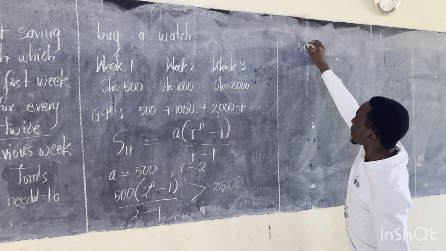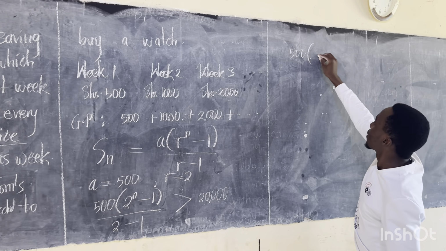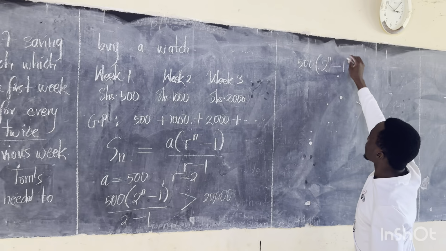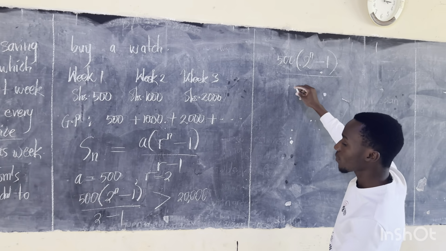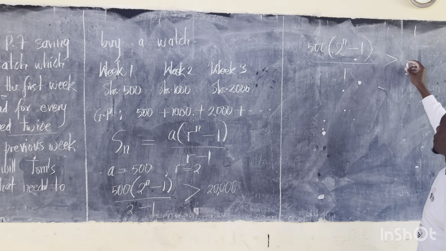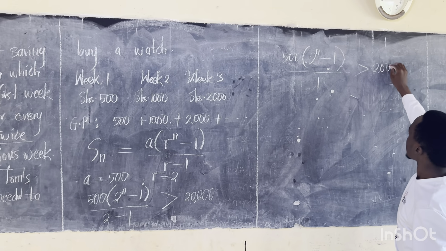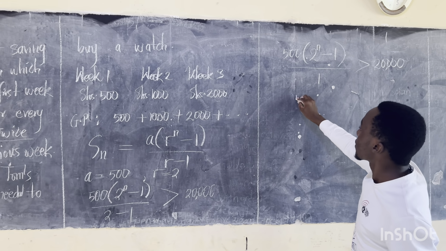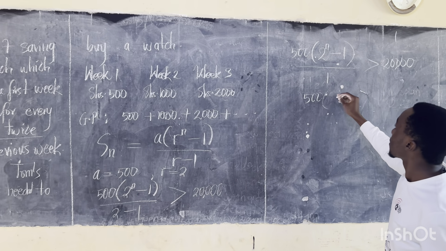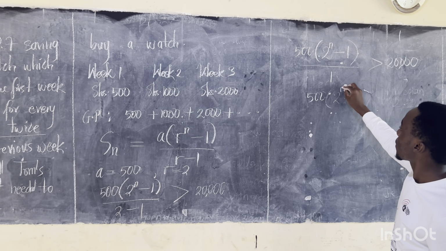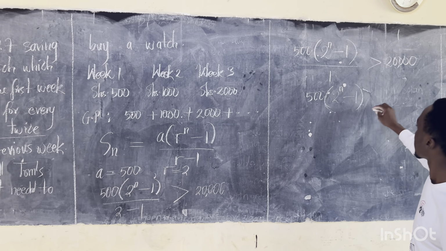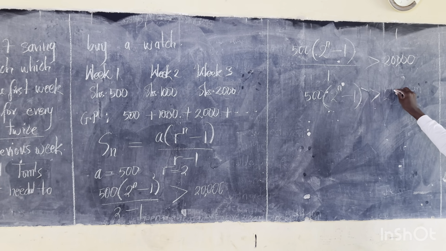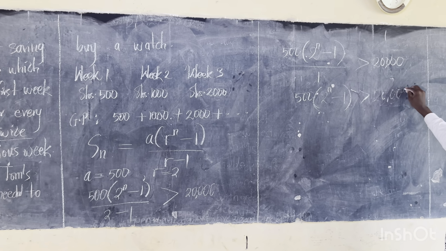So this will give us 500 into 2 to the power n minus 1, all over 1. This is greater than the 20,000.